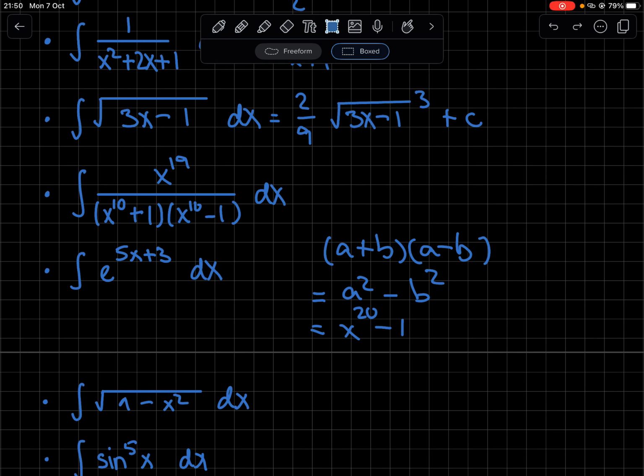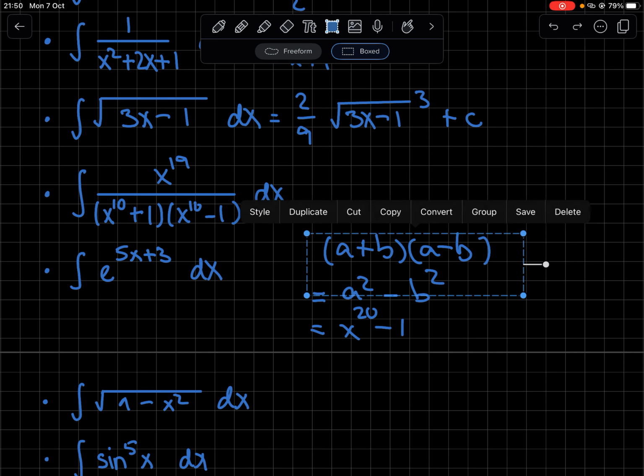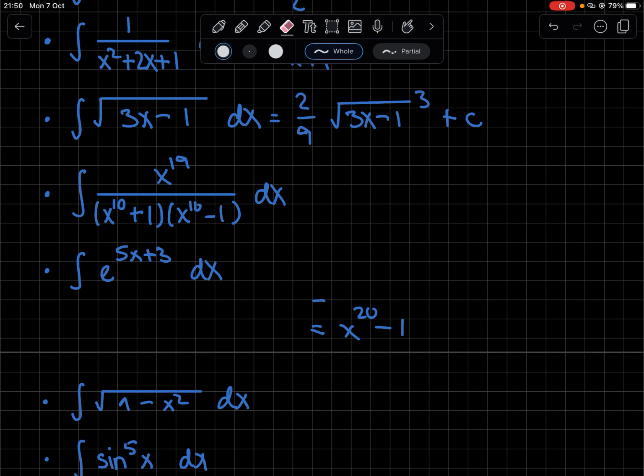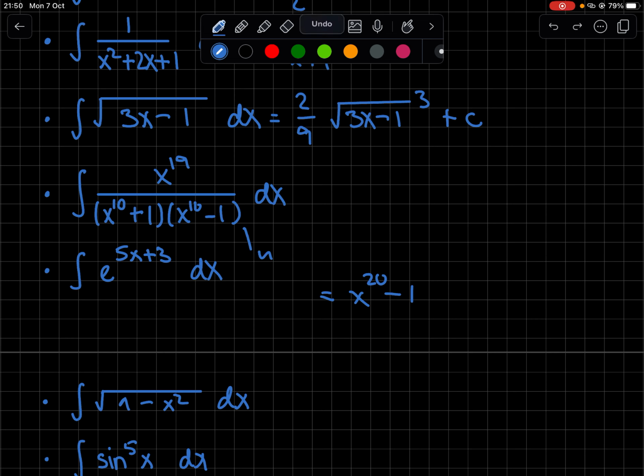Because if we just rewrite the denominator in this difference of two squares form, and technically we have one squared here, which is just 1. And then if we set the denominator to be u, so u equals that, du by dx is going to be 20x to the power of 19.